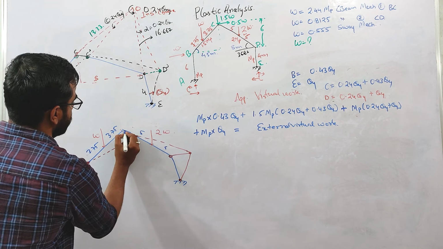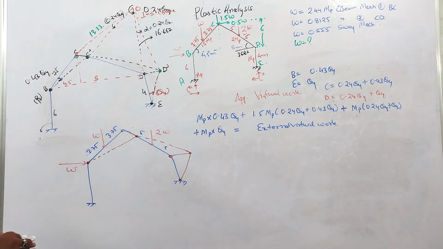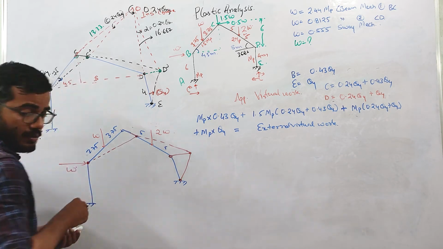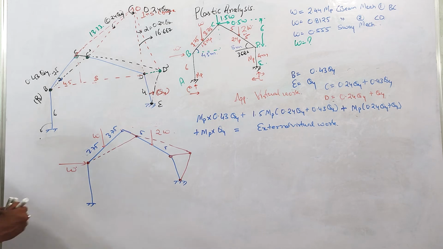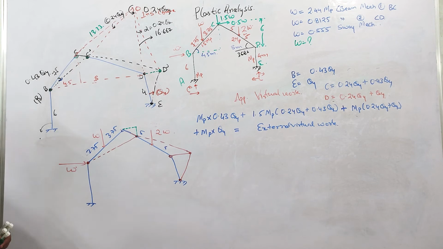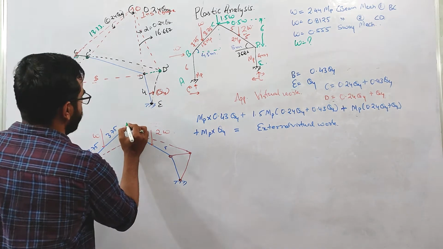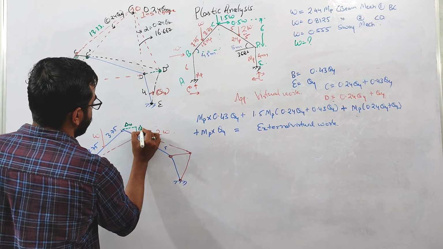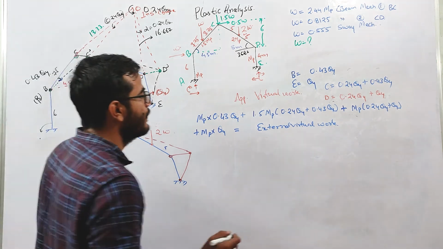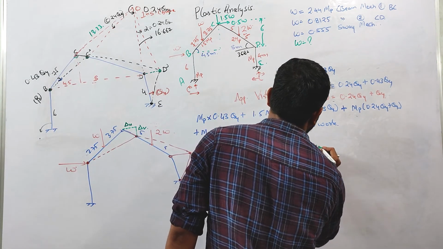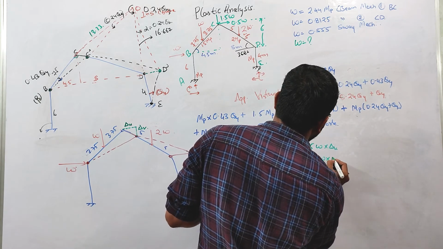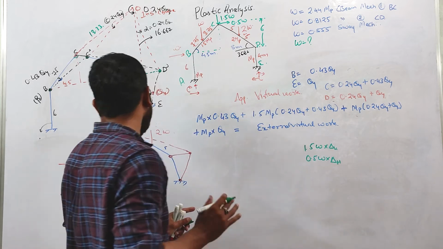At C you can see that there will be one horizontal deflection and one vertical deflection. Let us suppose this horizontal deflection is delta H and this vertical deflection is delta V. Work done due to the 1.5 W load will be 1.5 W into delta V, and the horizontal load acting is 0.5 W into delta H. You need to check the direction of the displacement.